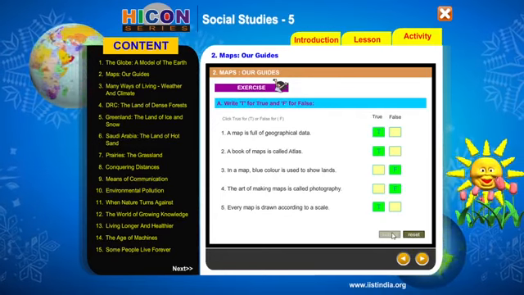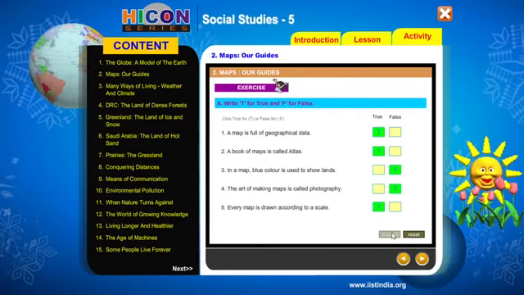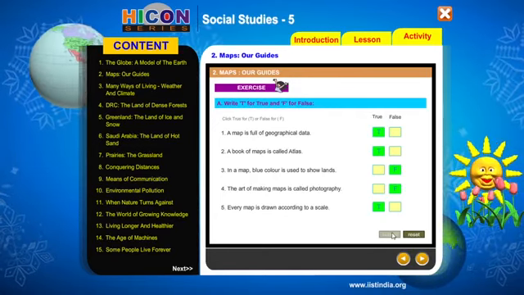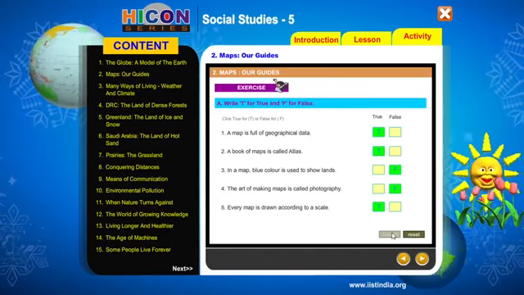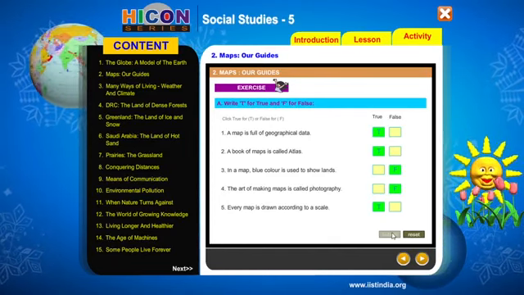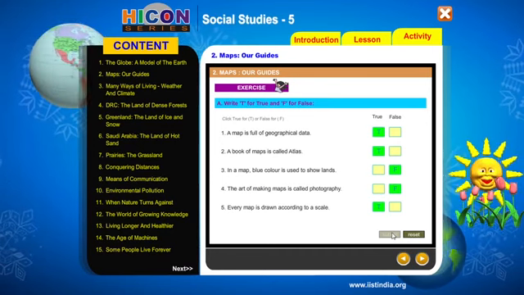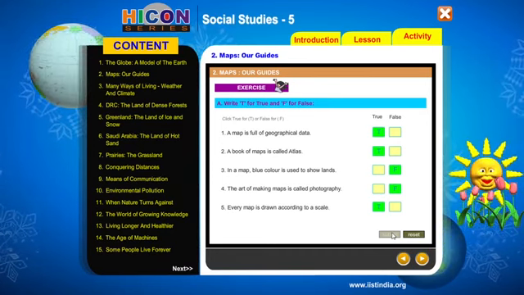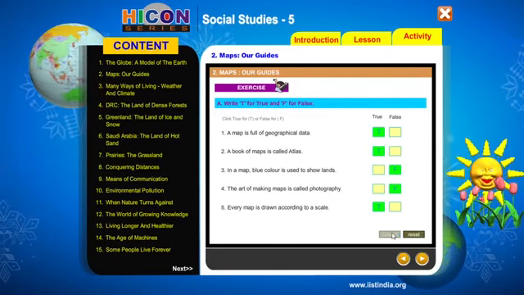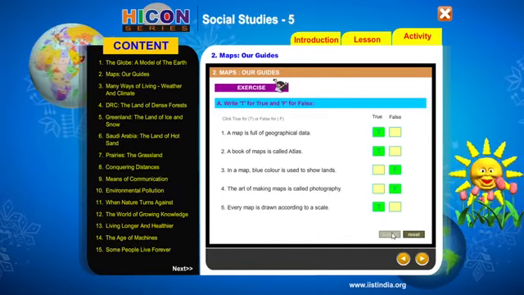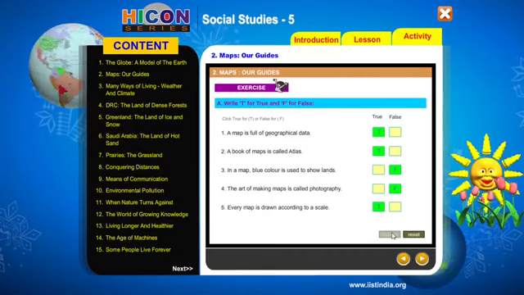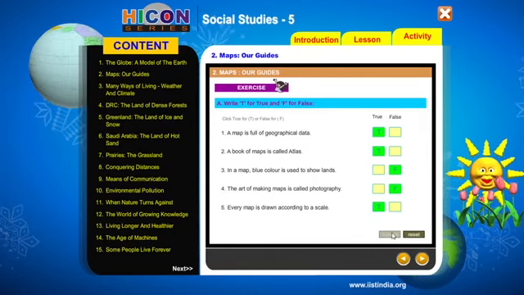Fourth one, the art of making maps is called photography, is a wrong statement because it is cartography. Every map is drawn according to a scale, again is a true statement. So we have completed this task and now I will keep this screen the same for you for another minute so that you can read the sentences and check with the answers once again.